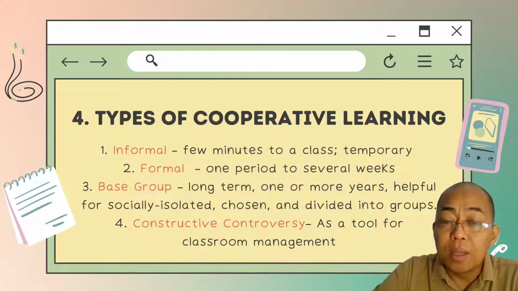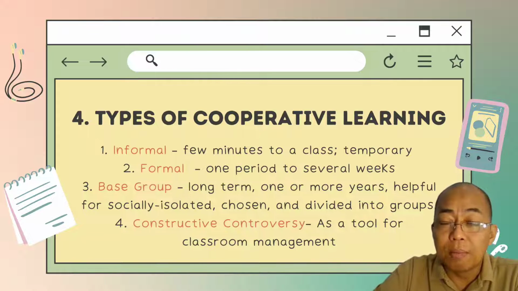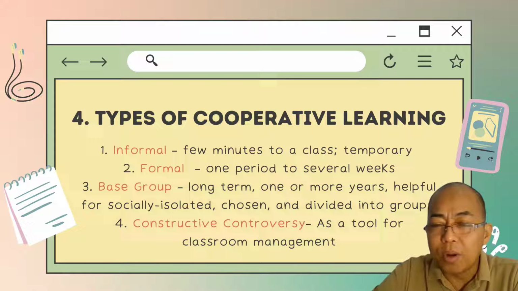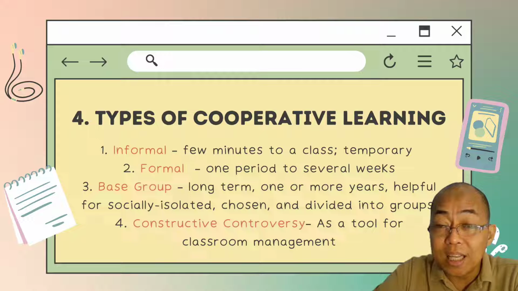So the grouping should be heterogeneous. But in the first one, the informal cooperative learning, groupings can be done not really heterogeneously, meaning you can simply ask the students to group themselves, like get a partner or form a triad, for example, and share about something. So basically, it's like the traditional small group sharing and discussion.